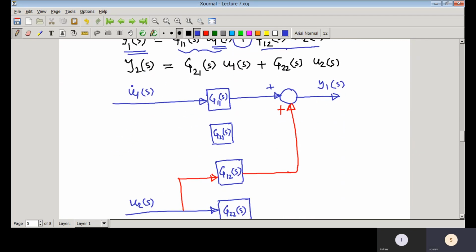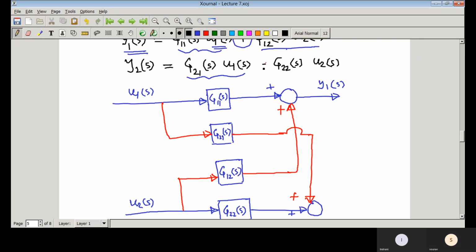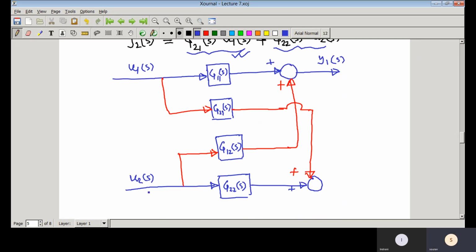Similarly, you can see here Y2(s). You will get Y2(s) if you take the sum of G21(s) into U1(s) and G22(s) into U2(s).